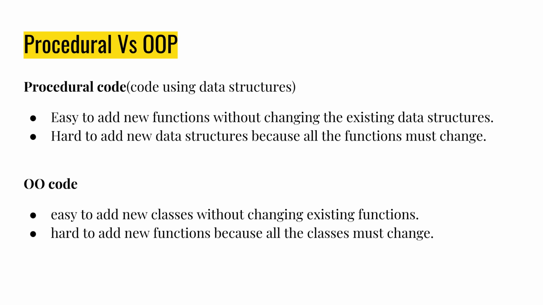With the OOP approach, it's easy to add new classes without changing existing functions. It's hard to add new functions because all the classes must change, right? Think about it. Hard to add new functions because all the classes must change. Easy to add new classes. Is it a problem that it's hard to add new functions?